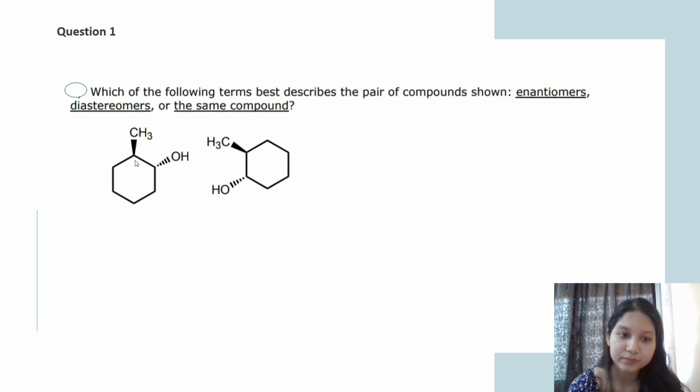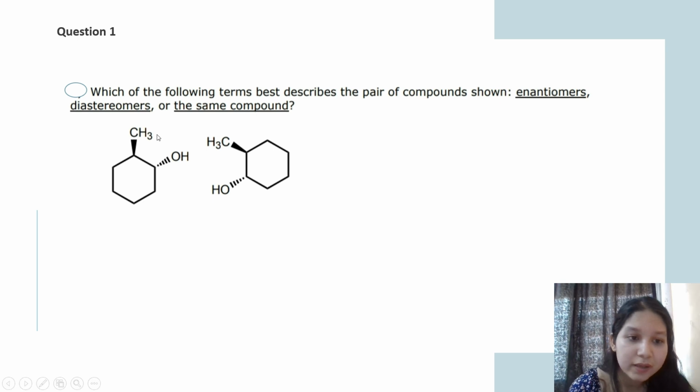Okay, for that we will have to give priority to the substituents present at this chiral center, and then we will move from higher priority to the lowest priority according to the RS nomenclature rules.